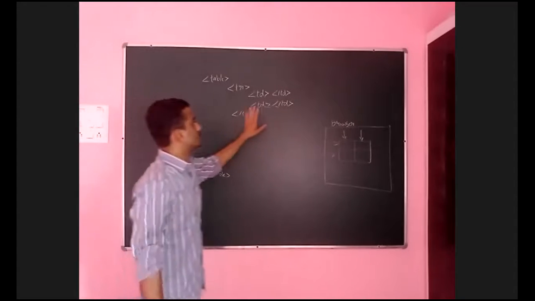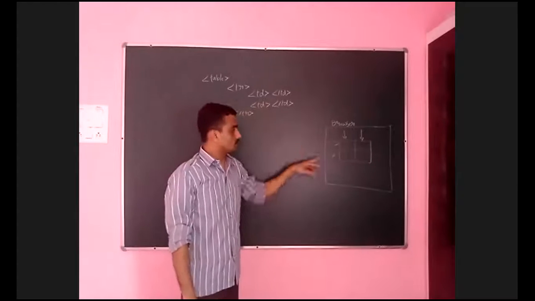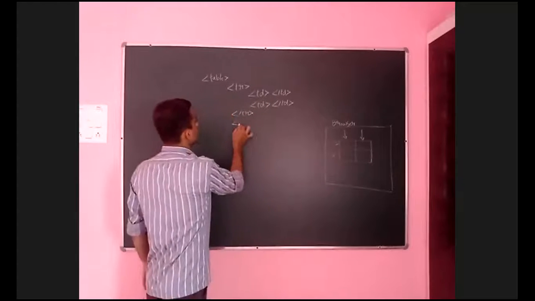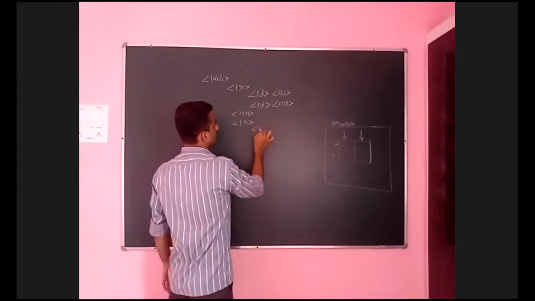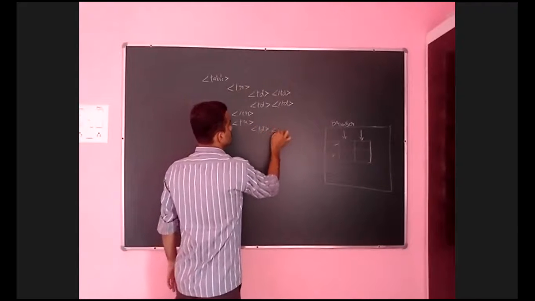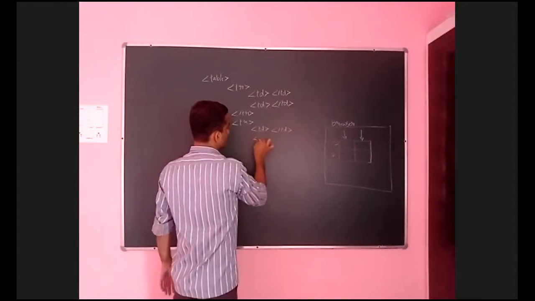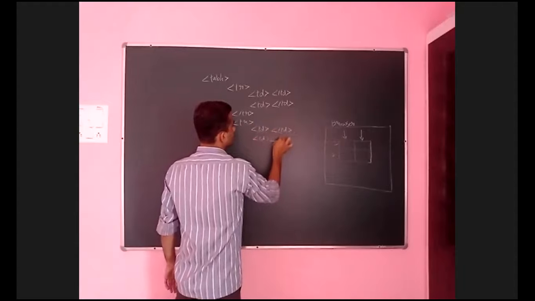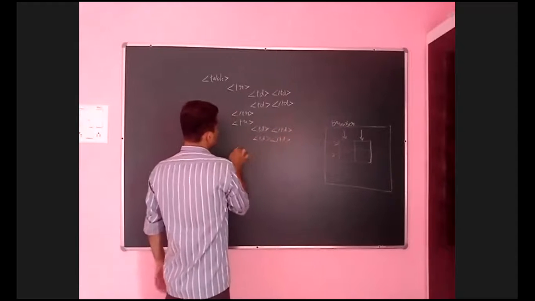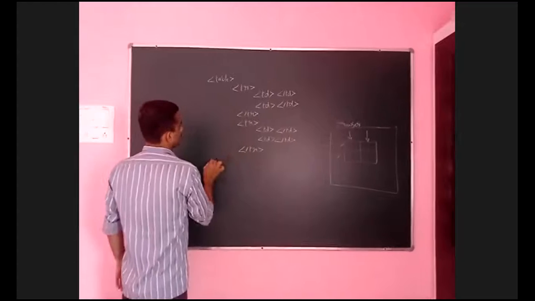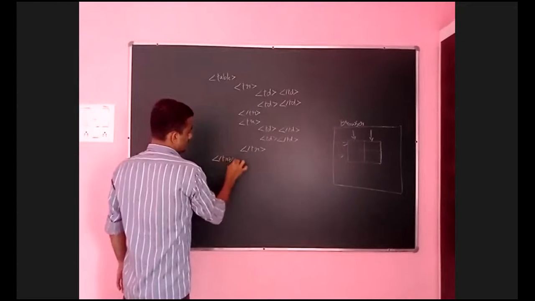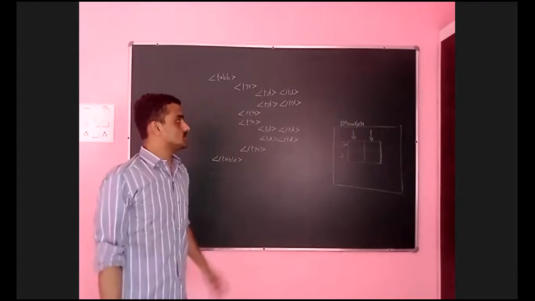Next, if I want to design one more row, say TR. Same thing. TD, first column, starting and ending, second column, TD, starting and ending. Then complete. So this is the end of 2 rows and the end of the table. So this is how we use it.